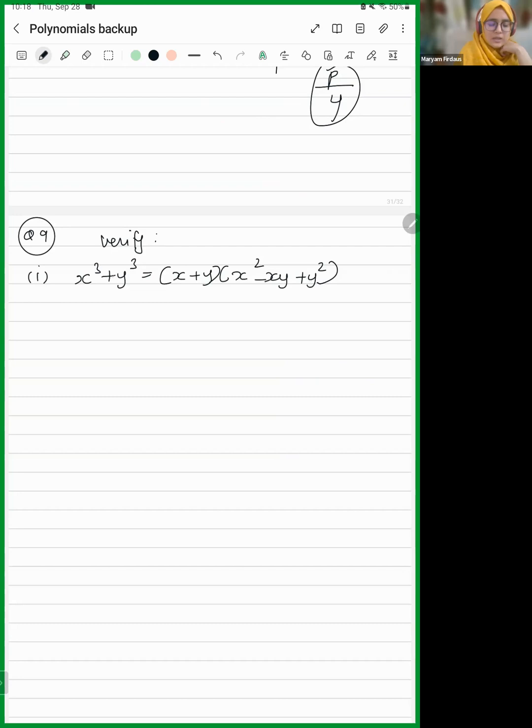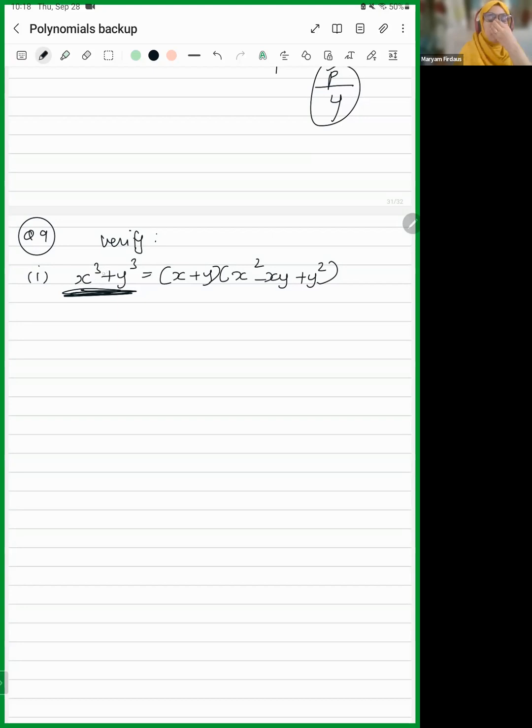Now, can you identify this x cube plus y cube from somewhere? Do we get it in any formula?